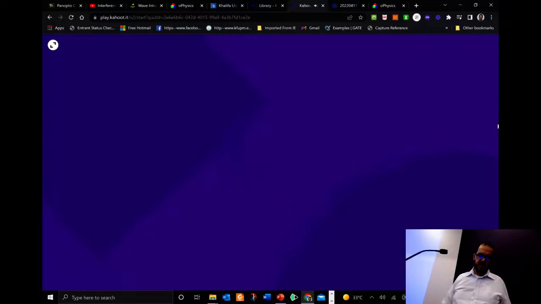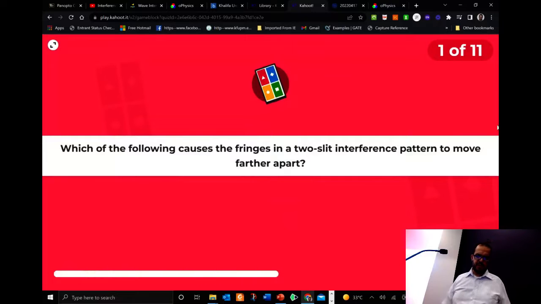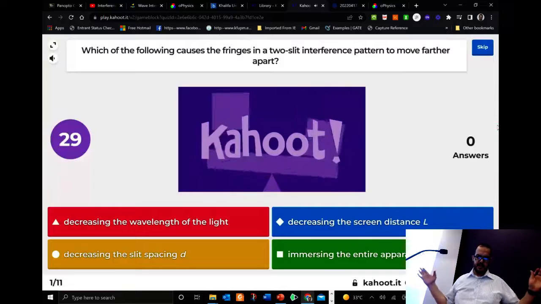So here, this is a little bit different from what you used to see before. Which of the following causes the fringes in a two-slit interference pattern to move farther apart?